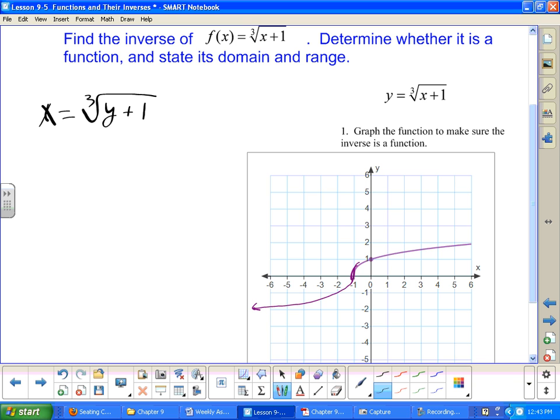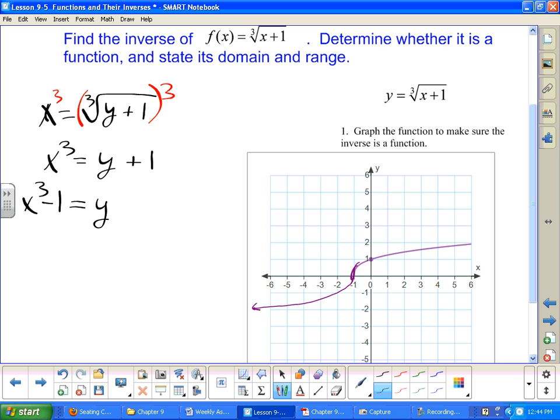Which one do I do first? Get rid of the radical or subtract 1? All right, so how do I get rid of that cube root? Okay, I have to cube it. Raise both sides to the third power. So we get x cubed equals y plus 1. So y equals x cubed minus 1.